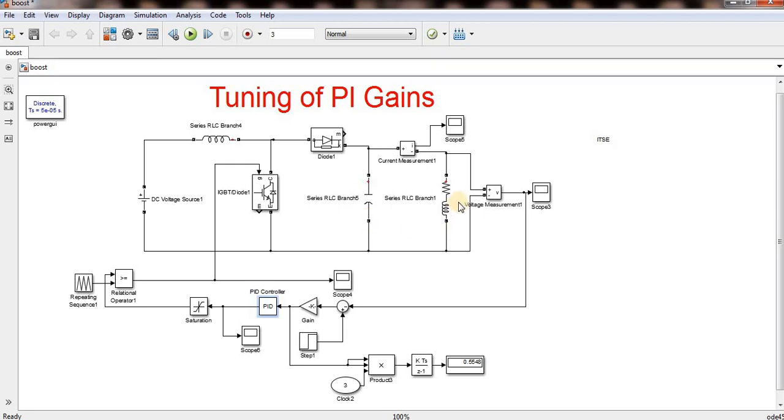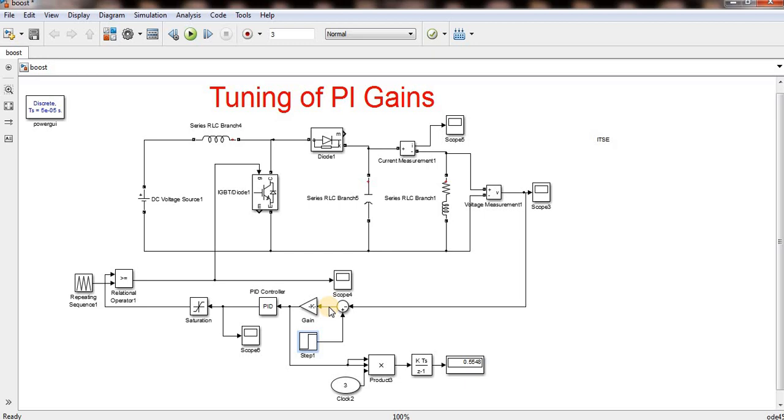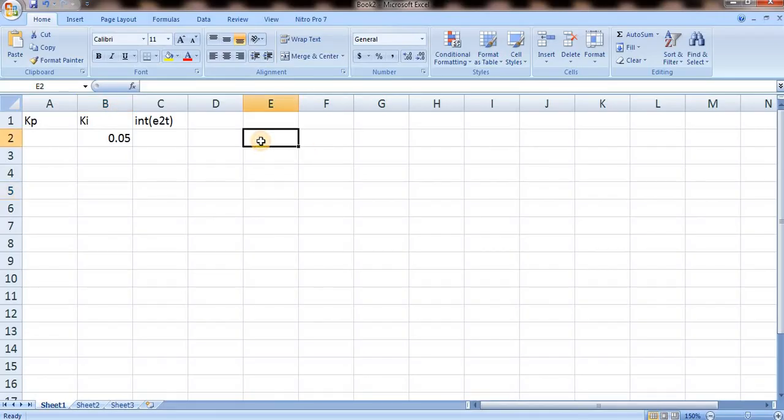Let us assume initially my output is 0, I require 200 volts. So error is more initially. So randomly it will generate some value, because when error is more, PI will take, let us assume my KP is 1 and KI is 3.